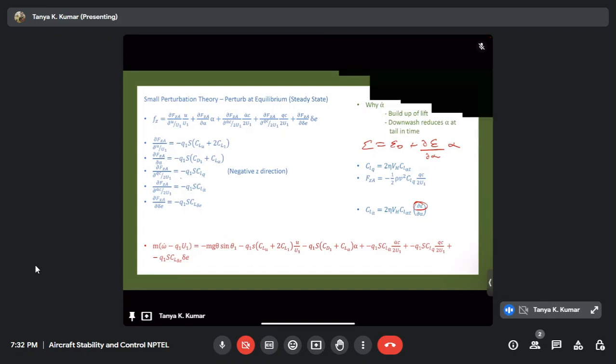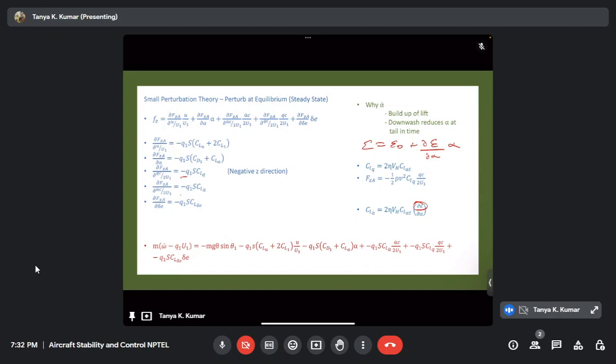Here, do not get confused with this minus sign. It's just that it is in the negative z direction. It comes in the upward direction. The lift acts upward, and that will be in the opposite z direction. The z axis of the body frame is in the vertical downward direction, right? So your lift is acting in the opposite direction, which is why this negative quantity comes.